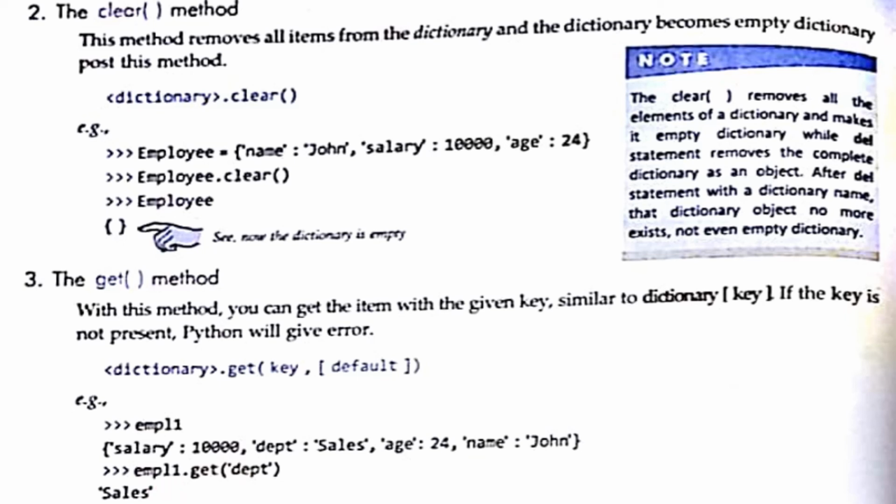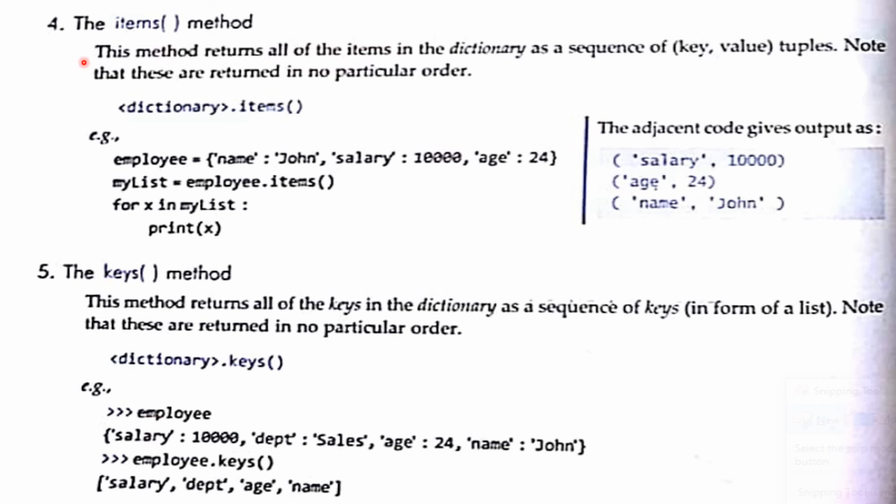Next is the items method. This method returns all the items in the dictionary as a sequence of tuples. In a tuple it will return both key and value. So here if you see dictionary.items, the example is employee, the name of the dictionary, and there are 3 keys and values.